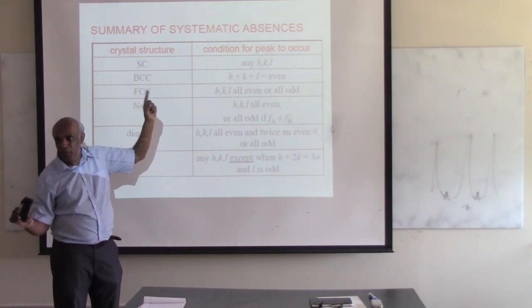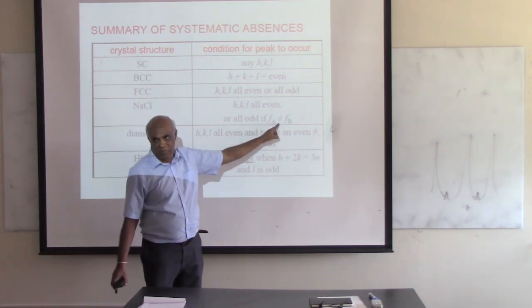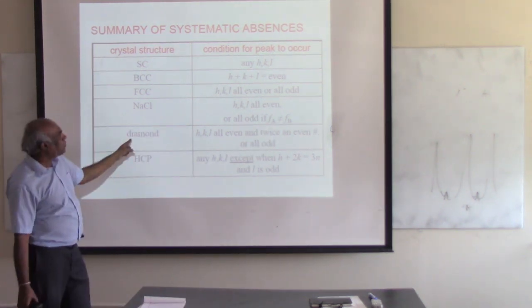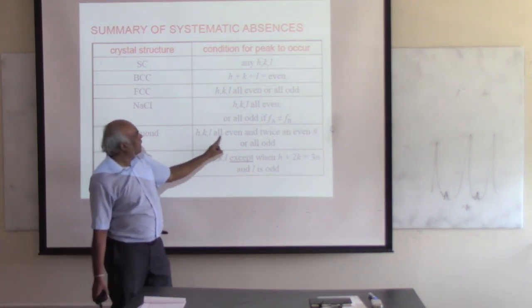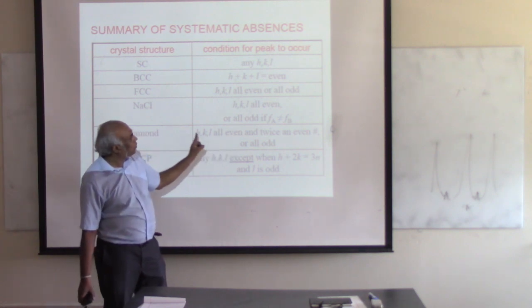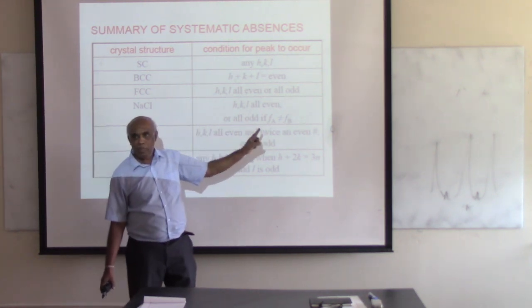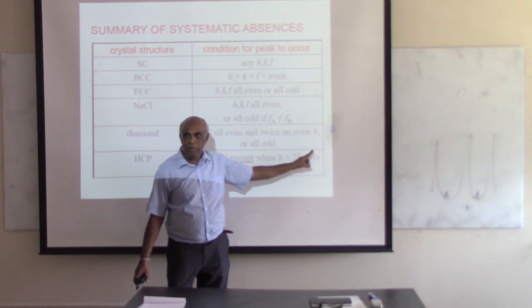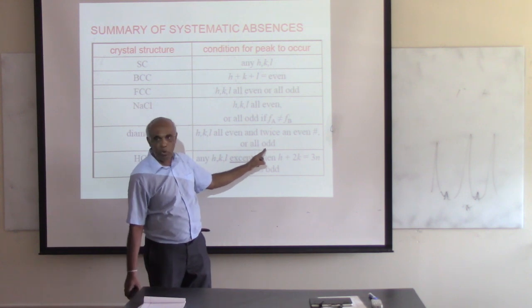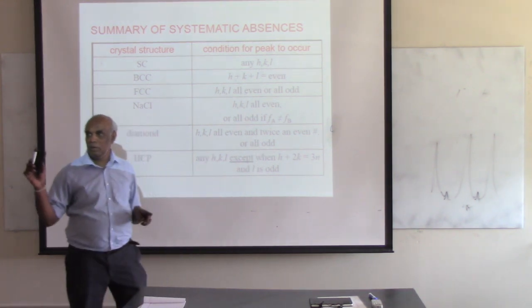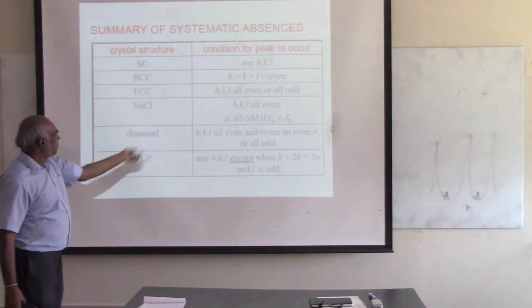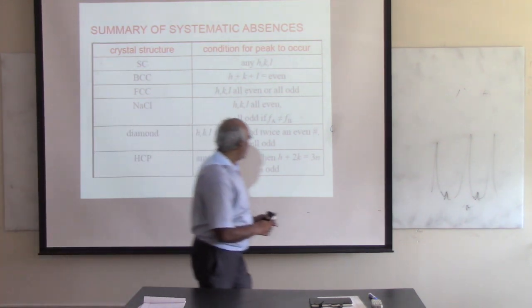Diamond, HKL all even, but if it is all even, the sum should be a multiple of 4, right? But all odd is fine. So all odd is fine, but not every all-even one. It has to be multiples of 4. HCP, don't worry about that one. Is that clear for everybody?